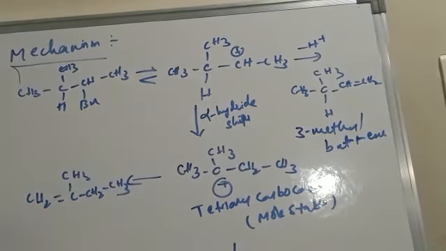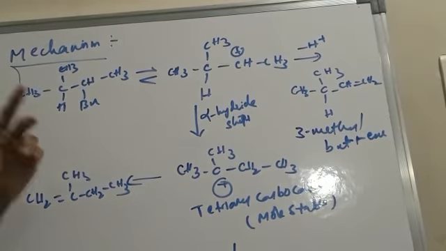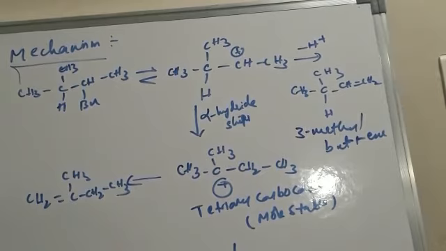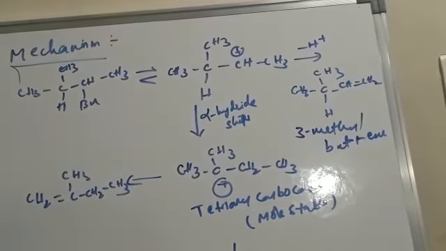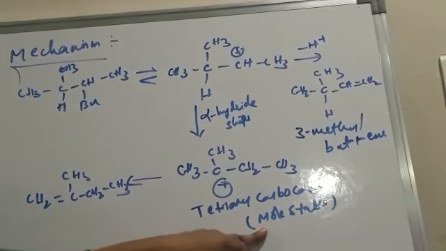So you know about tertiary carbon: it is a carbon which is surrounded by three carbon atoms. Okay. So three alkyl groups surround the carbon atom, that is the tertiary carbon. So here we get a tertiary carbocation which is the more stable carbocation.